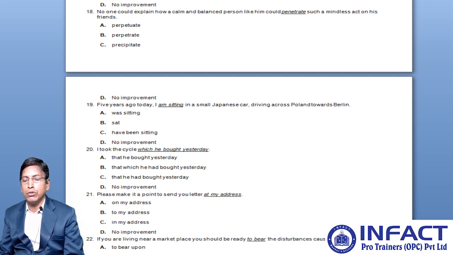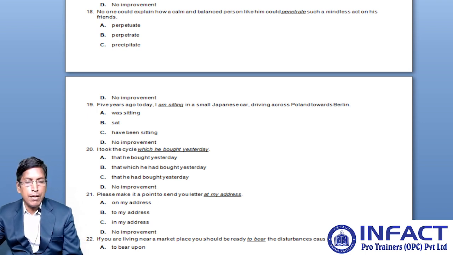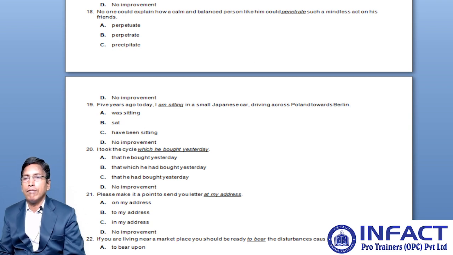Now let us move to question number 20. I took the cycle which he bought yesterday. So from the given options, which can be an alternative for the underlined words, which he bought yesterday?